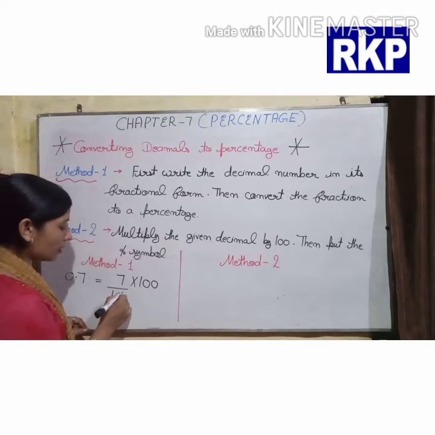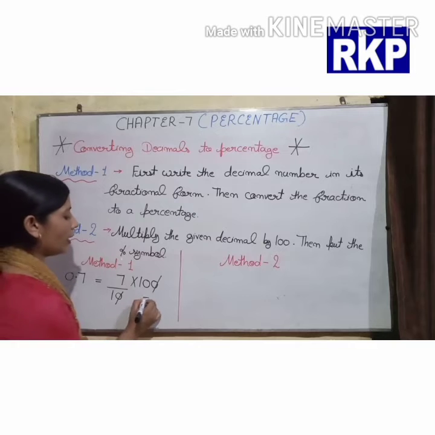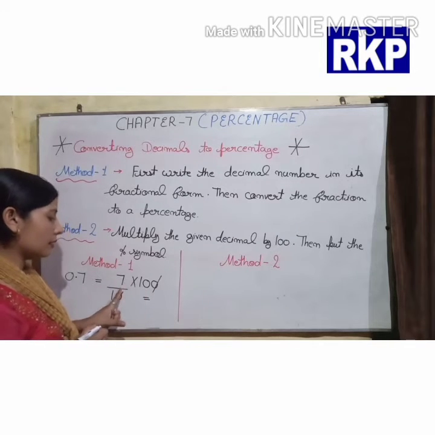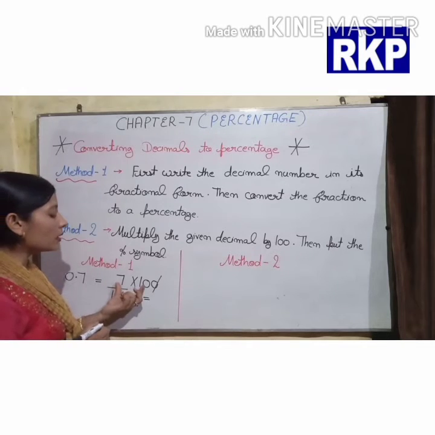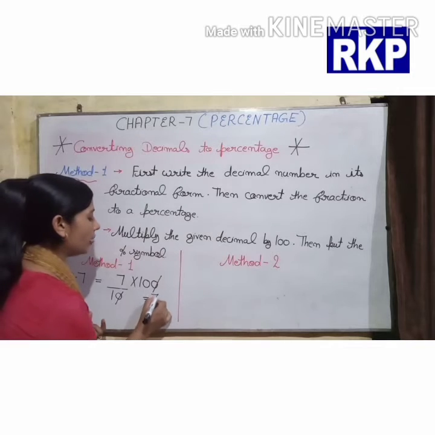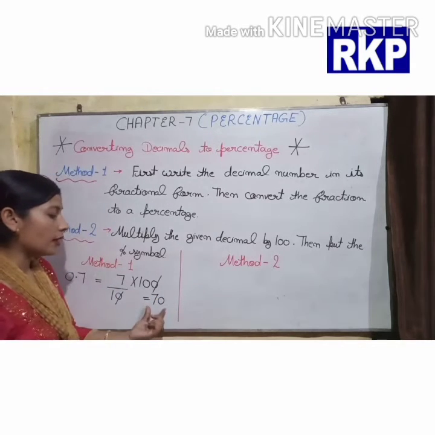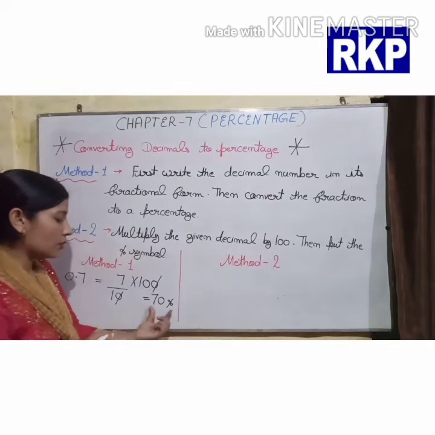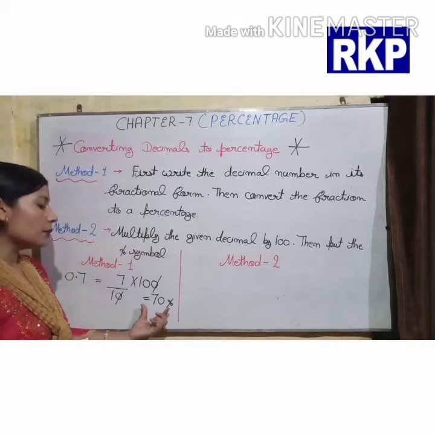So here we can cancel this last 0 with this last 0, and here we have only 7 and 10 as a numerator, and here we have the sign of multiplication. So here we have to multiply 7 with 10, and if we multiply both numbers we get 70, and now we have to put the symbol of percentage with this answer. So our answer will be 70%.